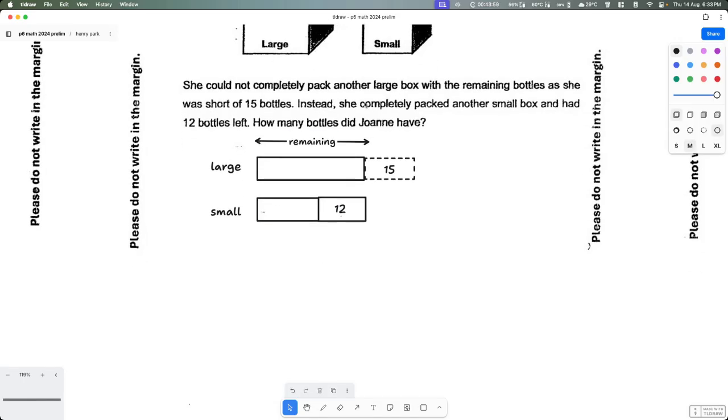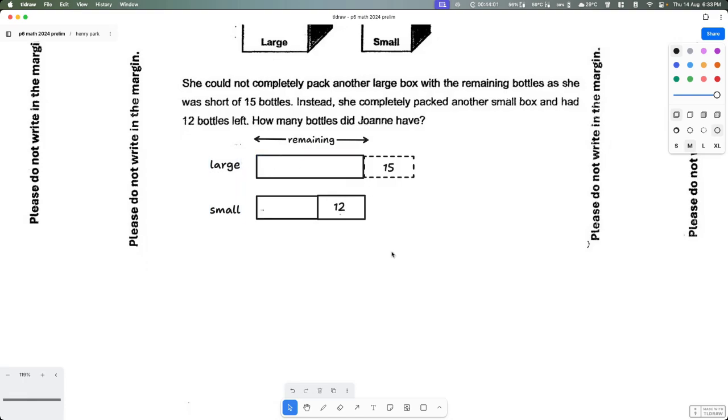So in this case, we know that the large capacity is more than the small. If I were to put a line over here, maybe a dotted line, that means the large can carry more than the small. This one is excess 15, so for this is bottles left.